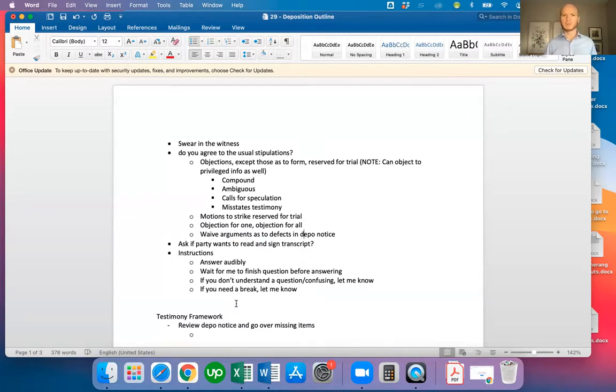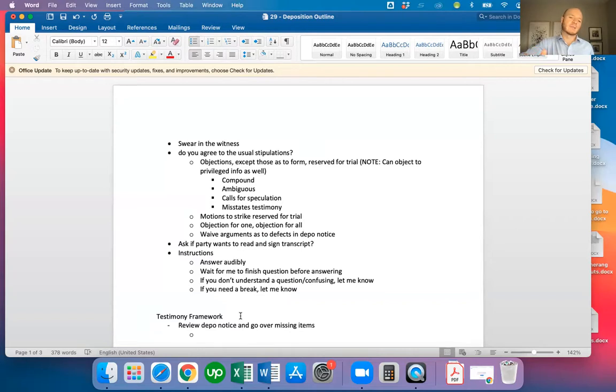There are certain situations where you do need to become more adversarial, but generally speaking, you're going to want to keep things as comfortable as possible. So you're just going to tell the other side, I'm about to ask you a bunch of questions. Have you ever had your deposition taken before?